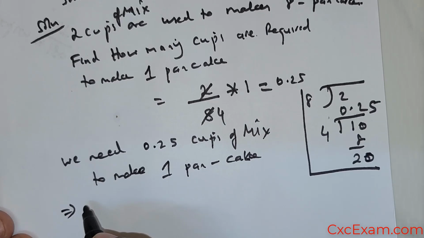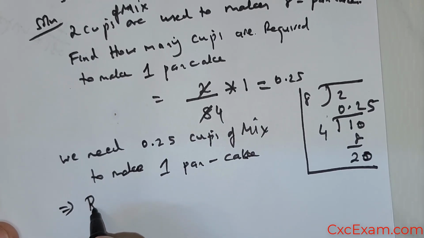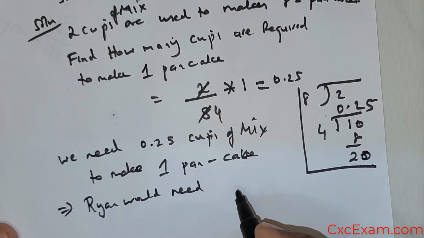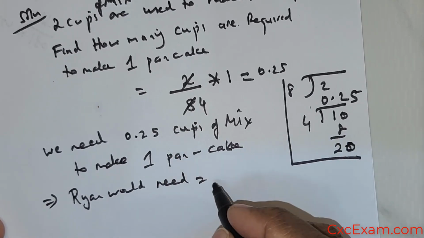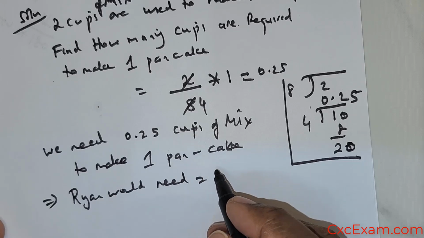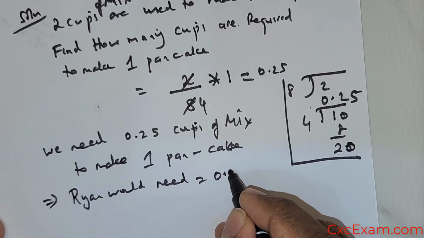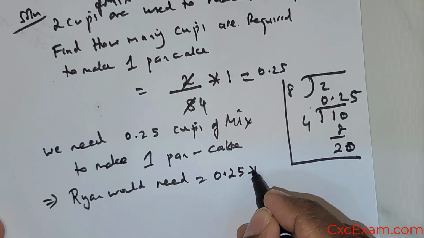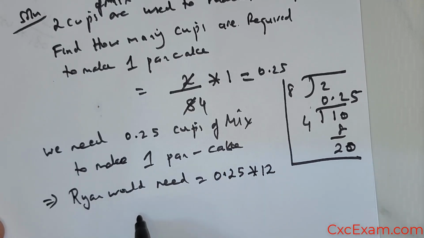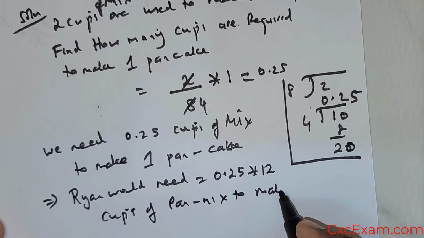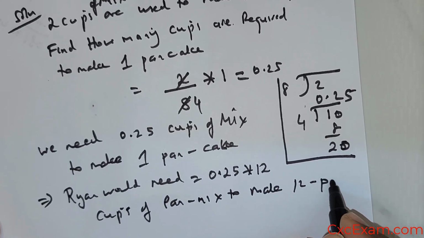So this means Ryan would need 0.25 times 12 cups of pancake mix to make 12 pancakes.